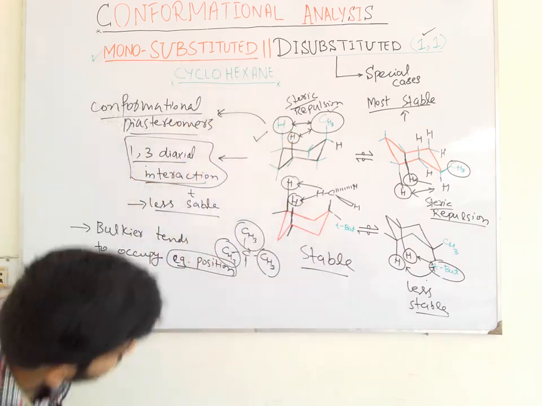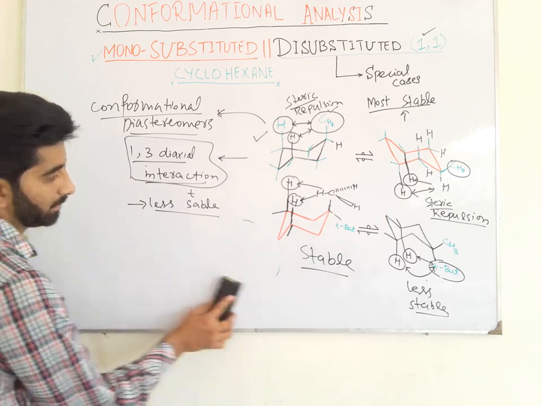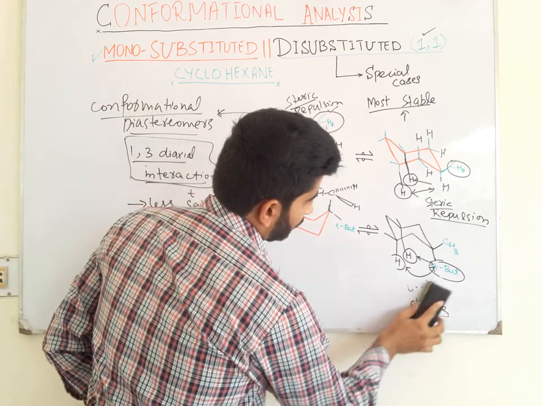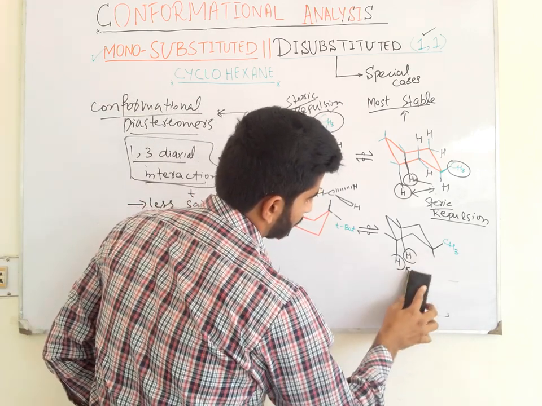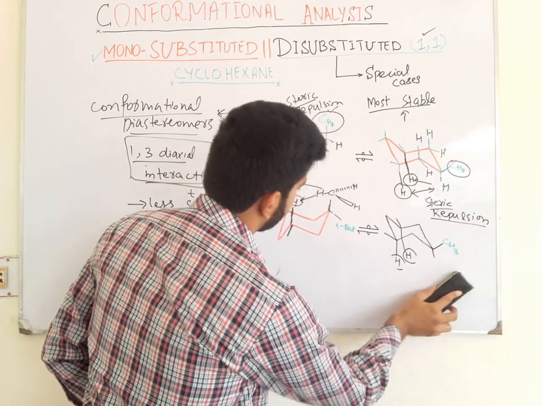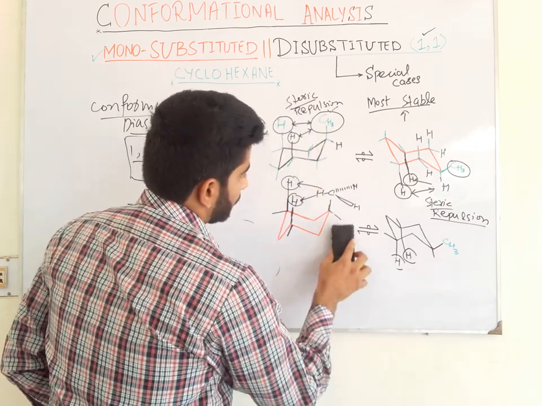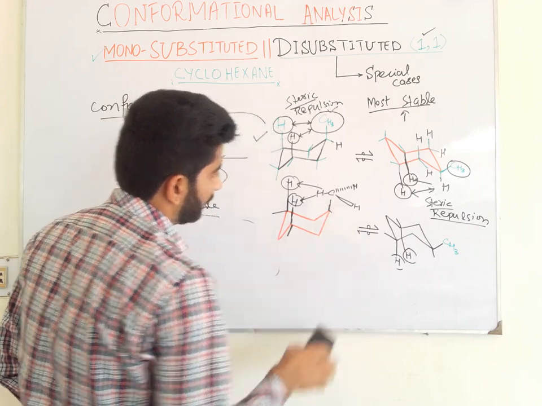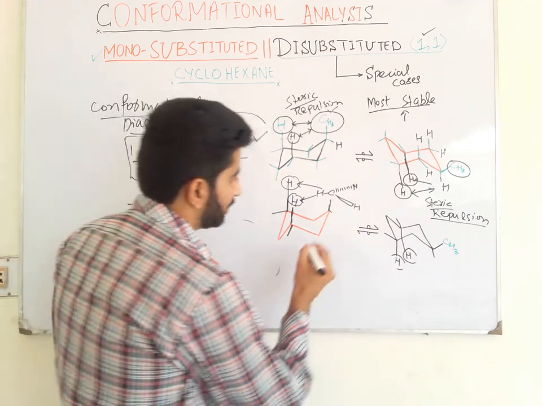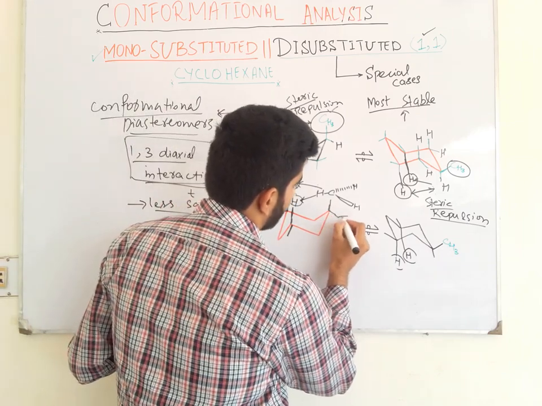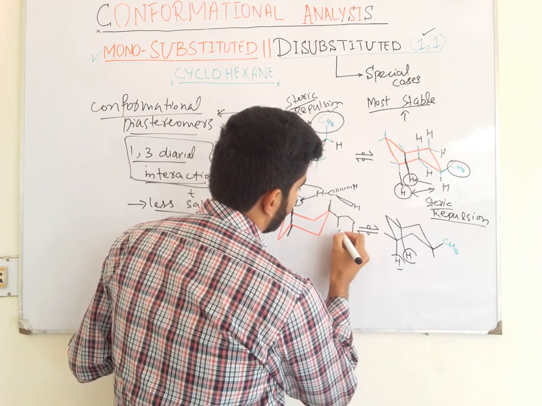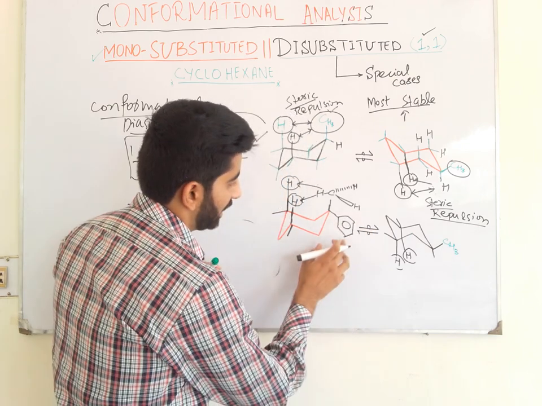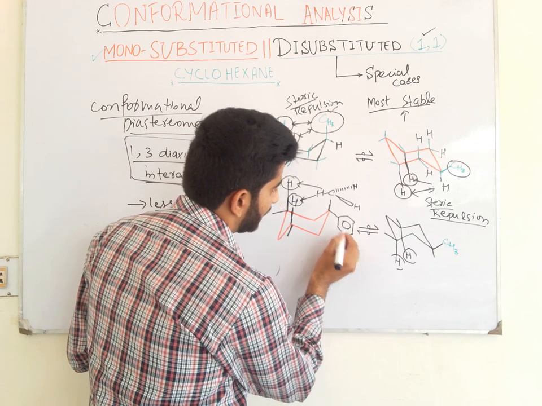For example, there is a phenyl group at the equatorial position instead of tertiary butyl. It is a bulky group as compared to the methyl group.